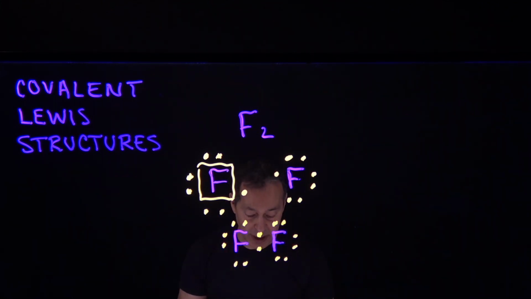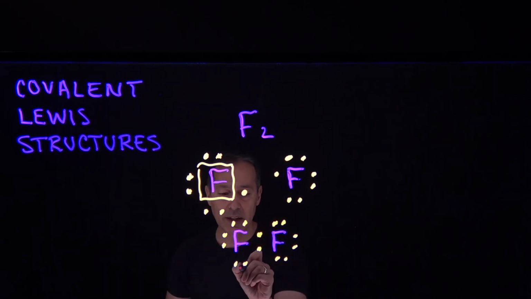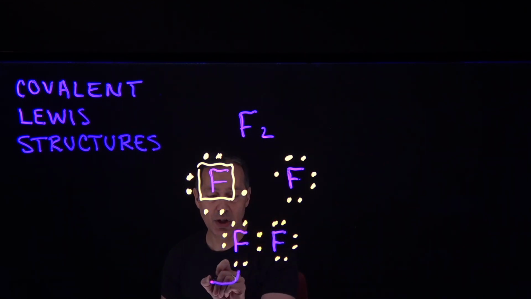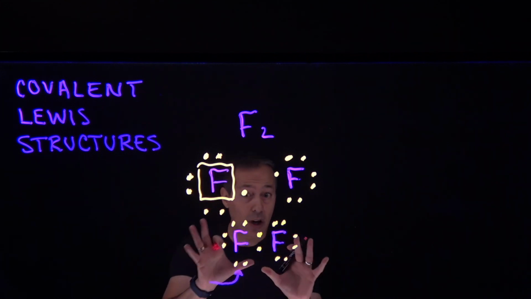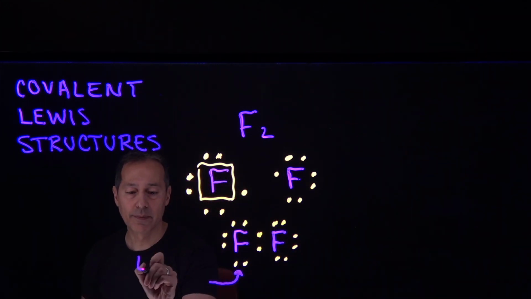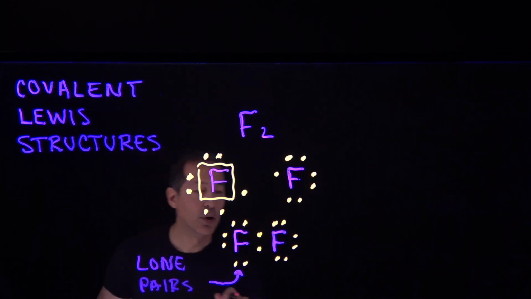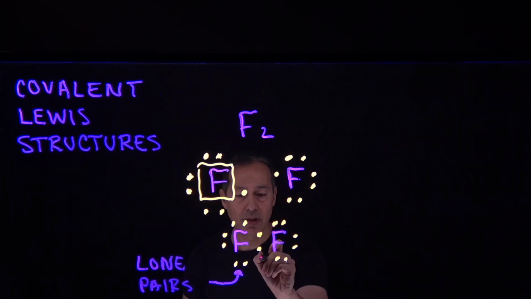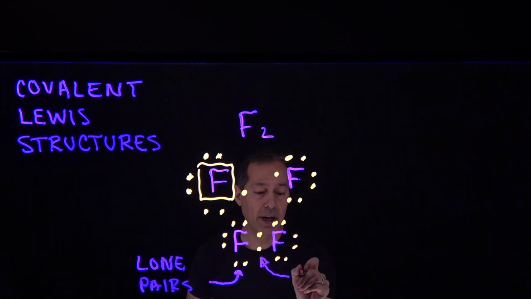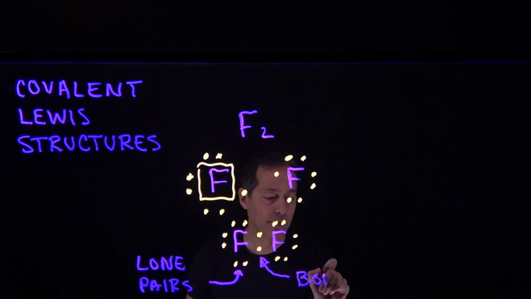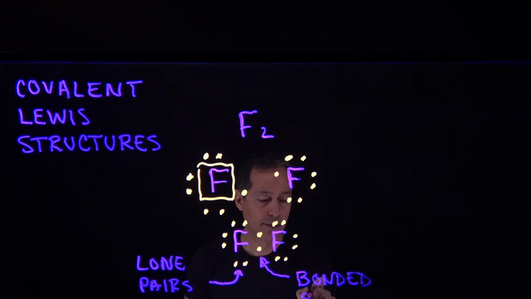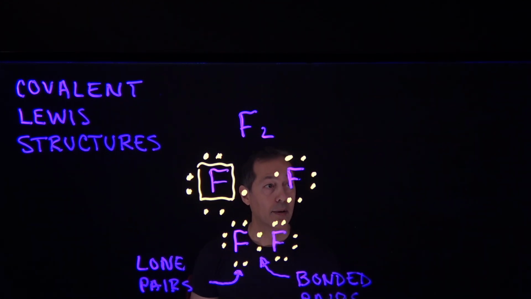And so we have special names for these. We would say that these ones here that are not being shared are called lone pairs of electrons. And then the electrons that are being shared here are called bonded pairs of electrons.